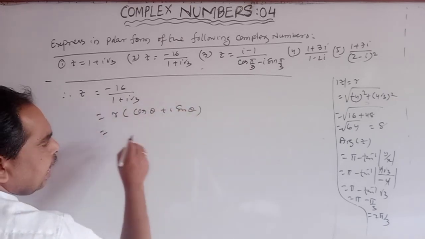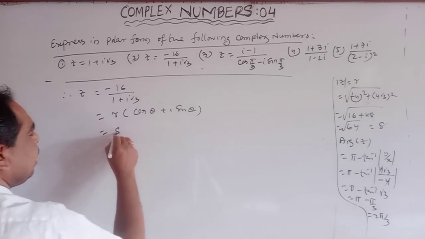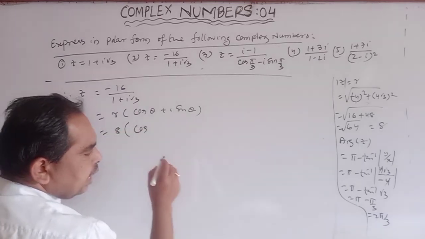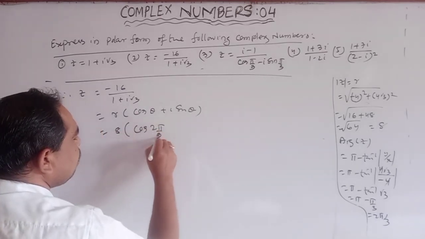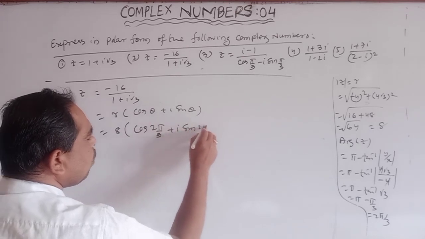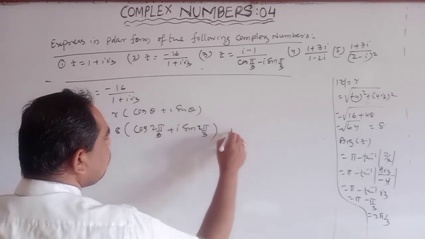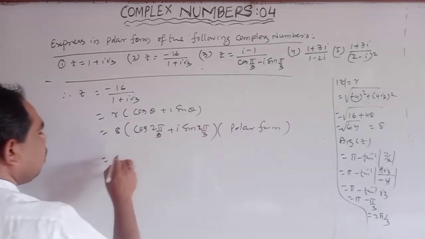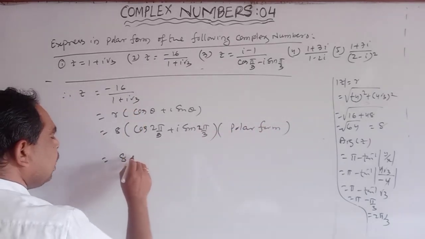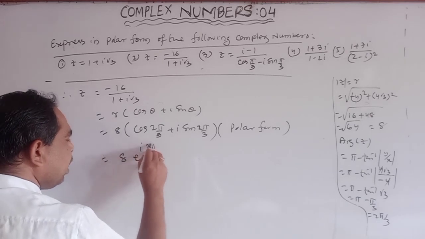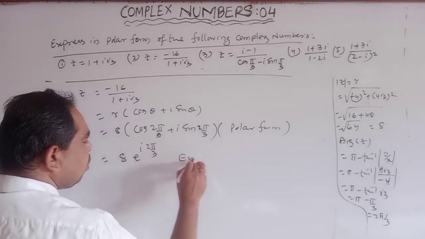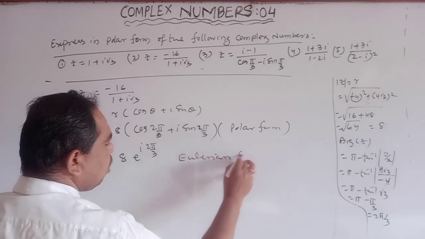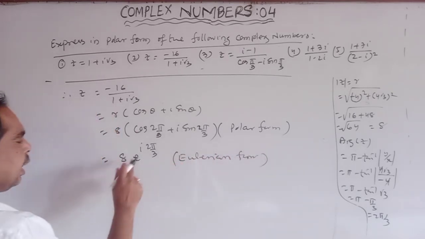So what is r? r is 8 into cos 2 pi by 3 plus i into sin 2 pi by 3. So this is polar form. This is equal to 8 into e to power i 2 pi by 3. This is Eulerian form, r e to power i theta.